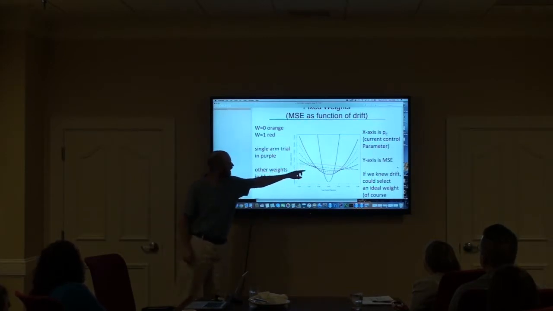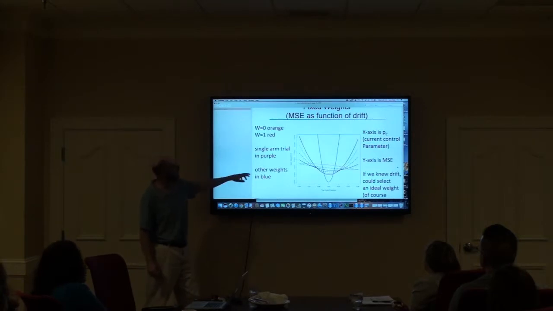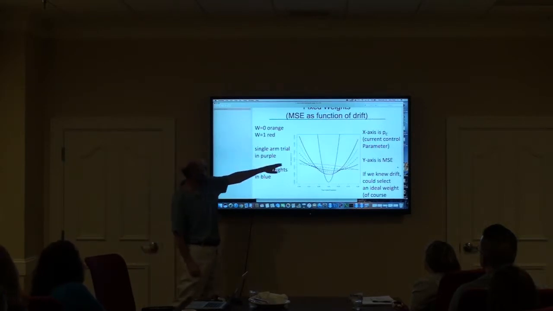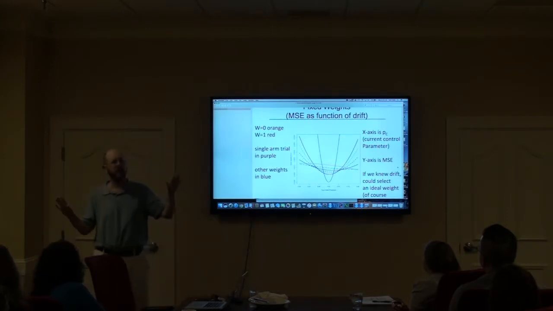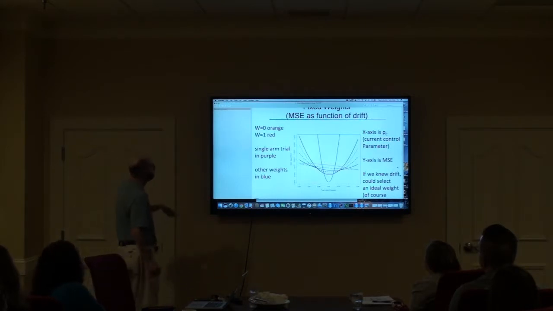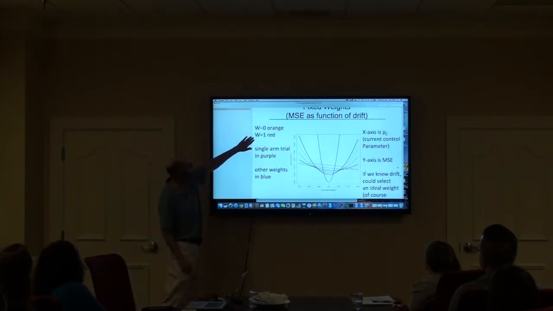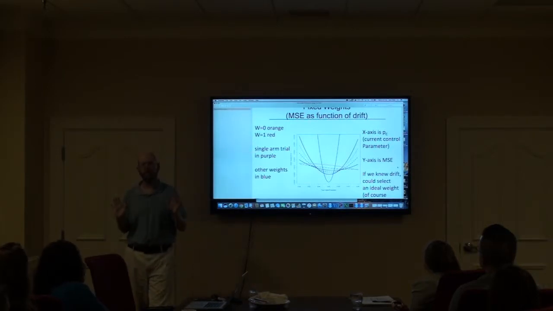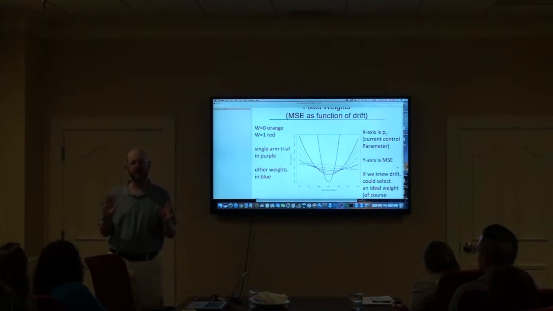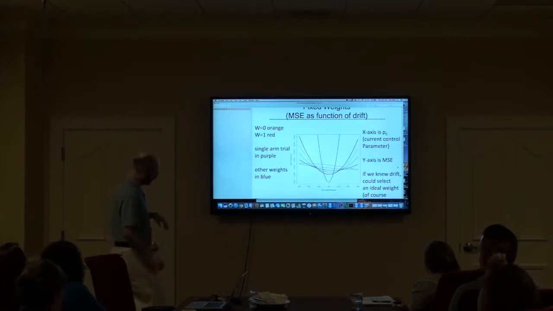So the orangish line, which doesn't quite look orange on this projector, but that's okay, is no borrowing. So that's your standard mean square error, and it's not quite flat because, of course, we know mean square error is maximized around 0.5 for a dichotomous variable. The pooled analysis, where I just take all the historical subjects and count them full weight, W equal to 1, that's in red.